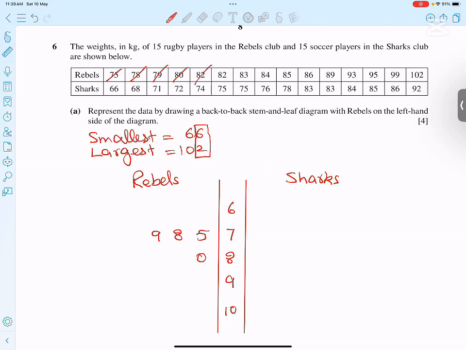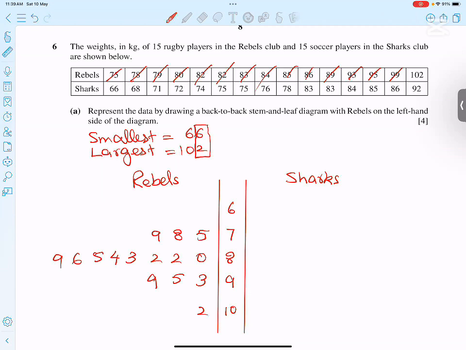Cut. 82, 82, again 82, then 83, 84, 85, 86. Then 89, then 93, 95, 99, and 102. Luckily, all these values are in order.